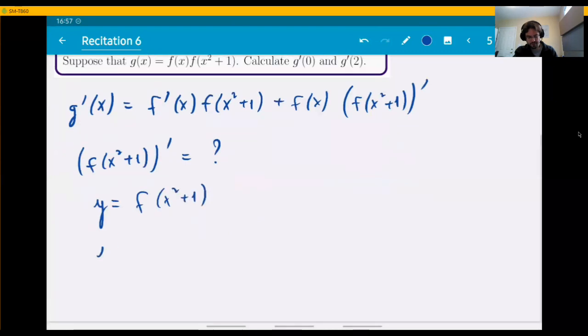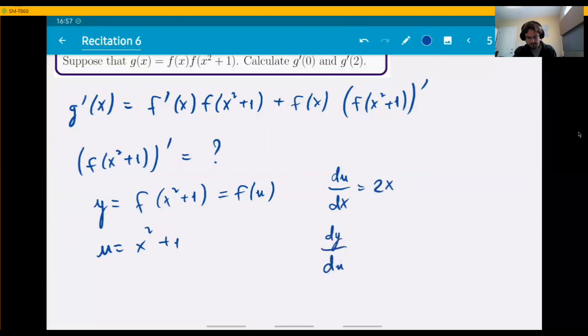Let's call u this inside function, x squared plus 1, so that y is f of u. Now, du dx is easy, that's 2x. And dy du, if y is f of u, dy du is f prime of u.